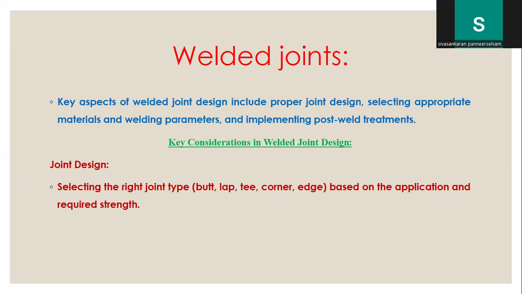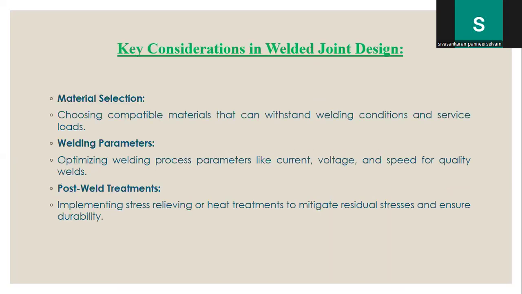Now we will go to the key considerations in weld joint design. The first one is selecting the right type of welded joint according to the practical application and additional required strength. Next, material selection: choose the right material that is able to withstand the welding conditions and service loads.